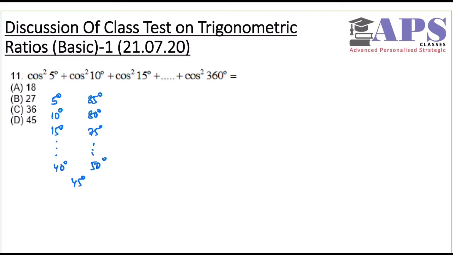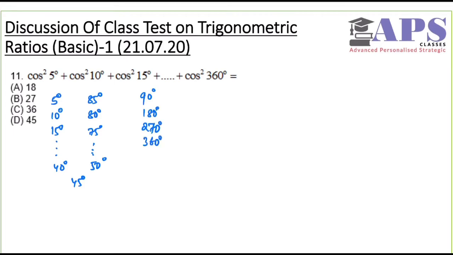So from 5 degree to 85 degree there are 8 pairs in total, and one extra term, and then we will get cos square 90 degree. So multiples of 90 we will have 90 degree and 180 degree and 270 degrees and 360 degree.